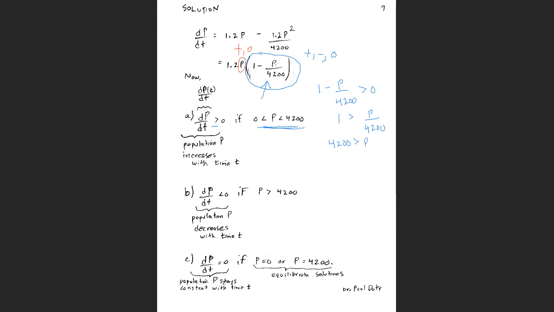We multiply both sides by 4,200, and it's positive, so it doesn't change the inequality. So p is less than 4,200, and that shows why the growth rate is positive when p is between 0 and 4,200. Are there any questions on that?